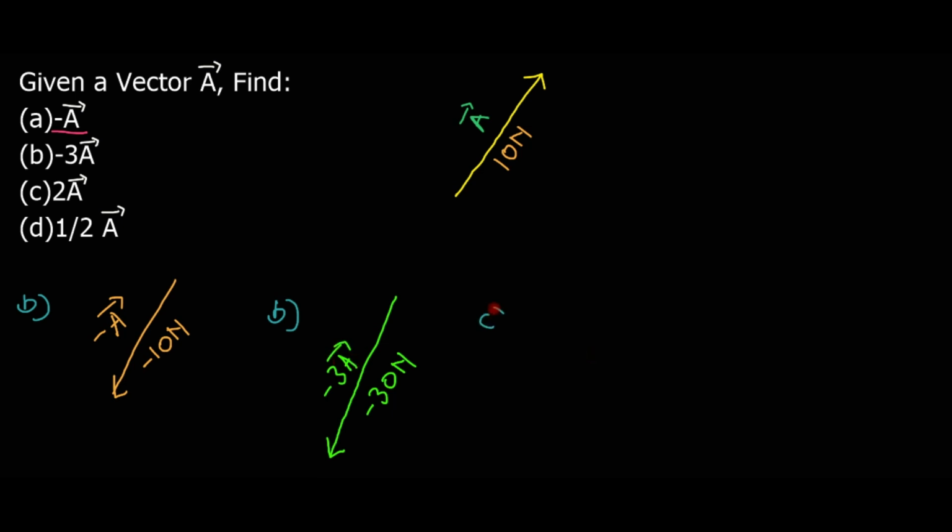And then part C area 2 times this vector. This one ga e change sign. Re la gore re tlo ba le 2 times 10. 2 times 10 ke 20. So re expect re fite this one ya 10. It will be the same direction, but so ke this one.